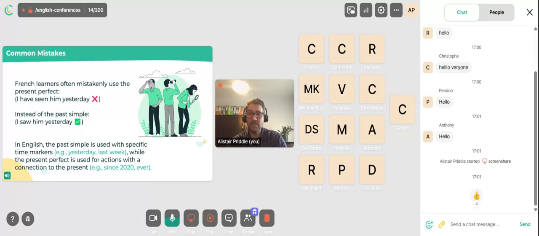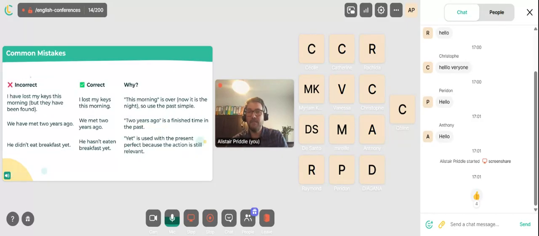These are specific moments in the past, while the present perfect is used for actions with a connection to the present. There are some more. They're very useful words, these time markers or time phrases. So let's have a look at these common mistakes.